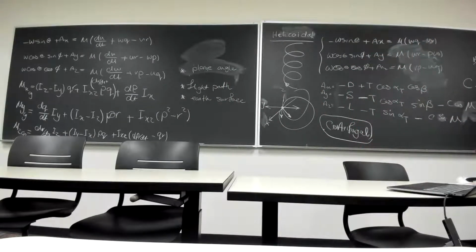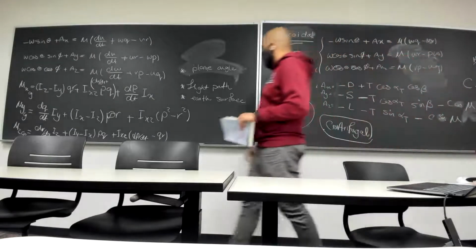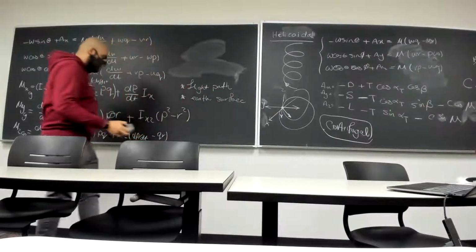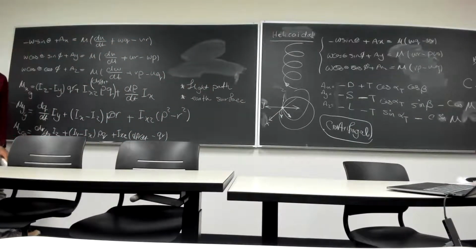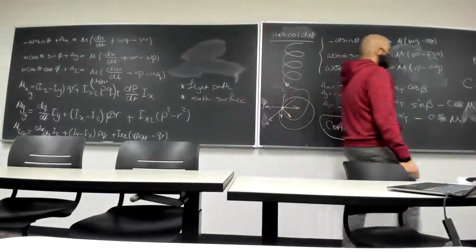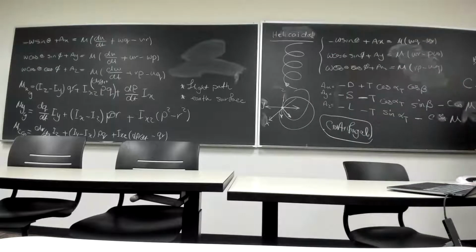Just take mu as the angle between your flight path and the Earth surface, and gamma is the same gamma we used in the centrifugal equation. I can't believe you didn't cover this.